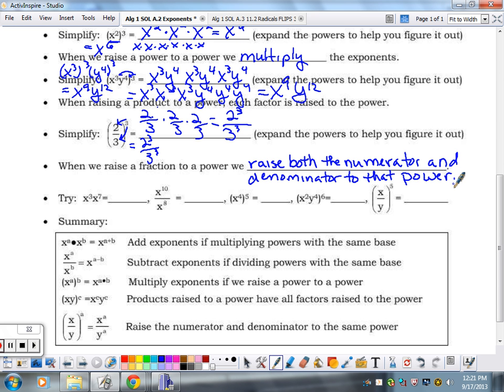And those of you that said distributive power before, it's similar to when we had a product, right? We applied that power. Same kind of thing. Now we're doing quotients, but we're applying that power to it. So when we raise a fraction to a power, we raise both the numerator and the denominator to that power.